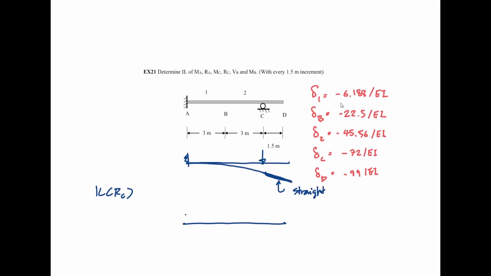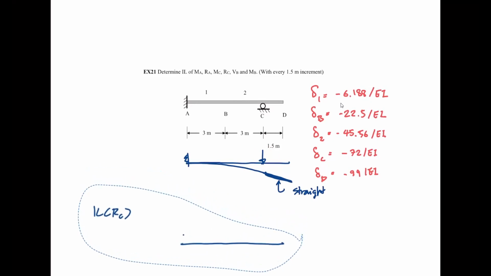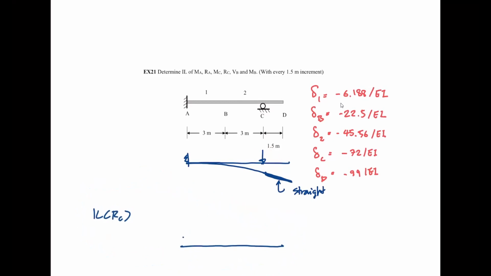This portion is a straight line, and therefore your influence line, maybe I should move it down. Your influence line should look something like this. And then this is a straight line. Okay. And now you know the value here.